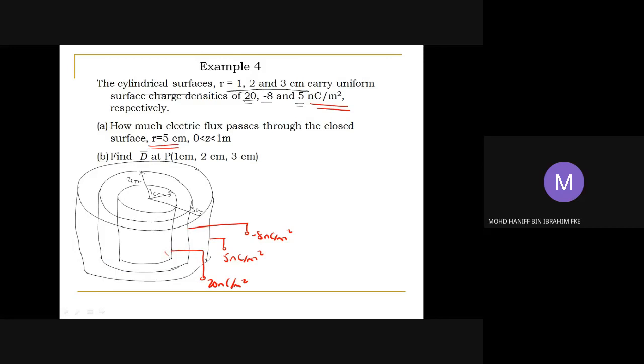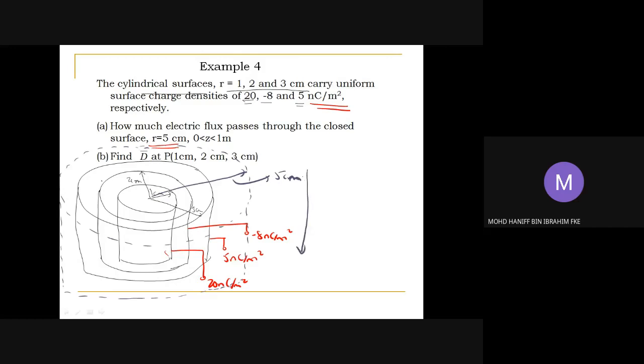So if I can sketch it for you, it should be located here. I draw it as a dotted structure, that's your dotted surface. The radius for it is equal to 5 centimeters. So that is your closed surface structure.